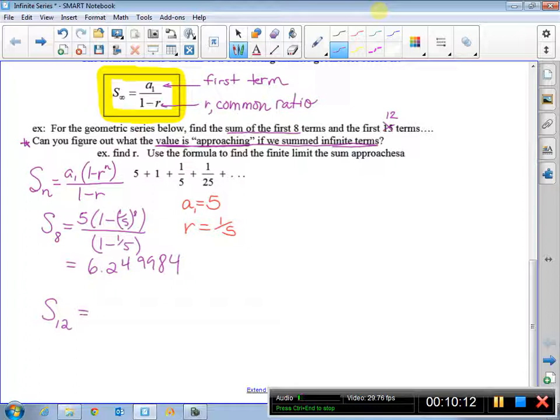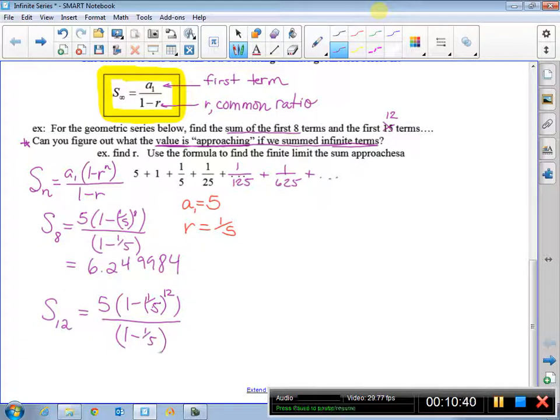Now the first 12 terms. So in other words, if I could keep going here and get all these terms and write down 12 of them and add them up, what would they be? So again, the first term is 5, times 1 minus 1/5 to the 12th power, okay, all over 1 minus 1/5.